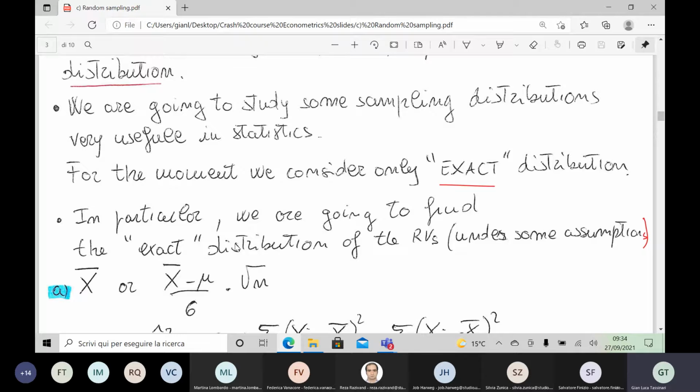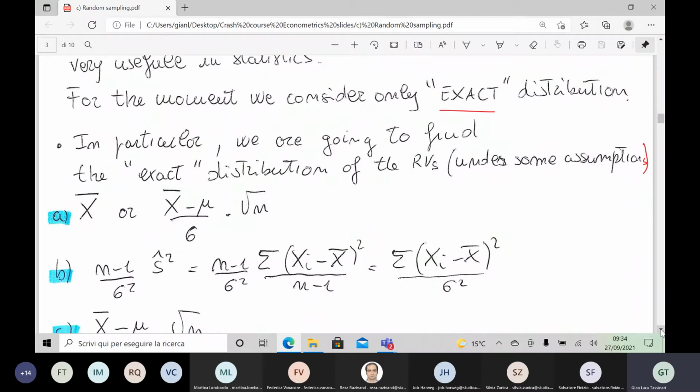And now, guys, we are going in particular to review everything I told you in general in a very specific case. We are going to find together the exact distribution, but exact will be clarified later, of the following random variables, which are very important statistics used in statistics, which is the distribution of capital X bar, the distribution of this quantity.